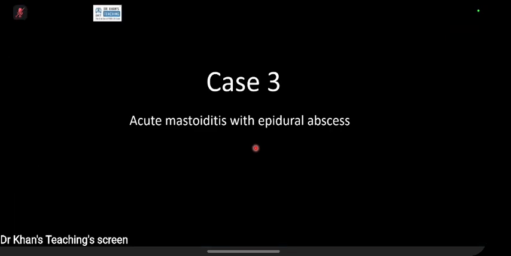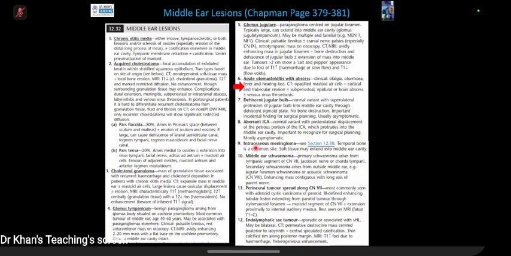So this was acute mastoiditis with epidural abscess. I'll come back to the case shortly. And this is from your book, Acute Mastoiditis with Abscess. So clinical information, of course, is very important. You have to look for the opacified mastoid air cells, cortical or trabecular erosions.